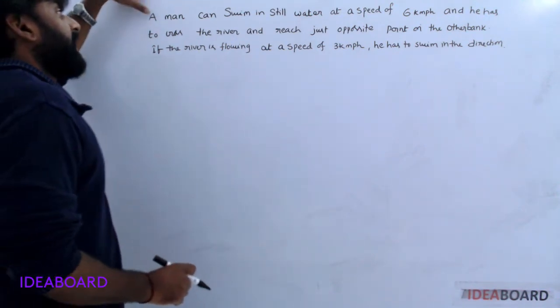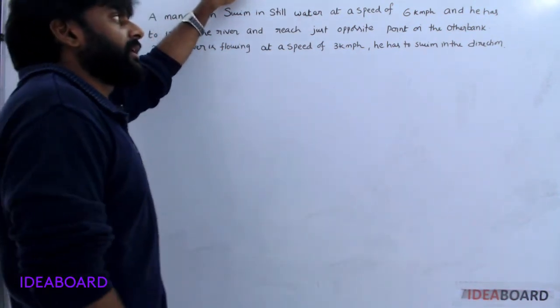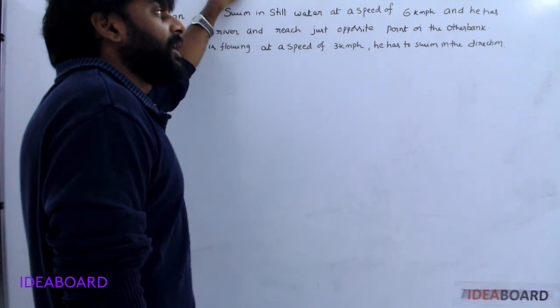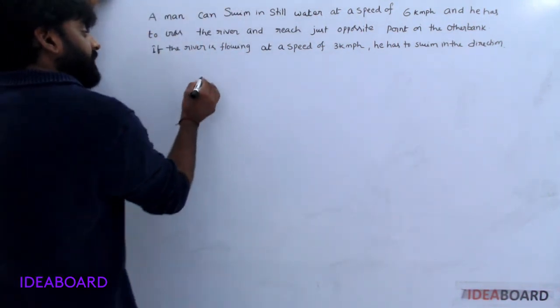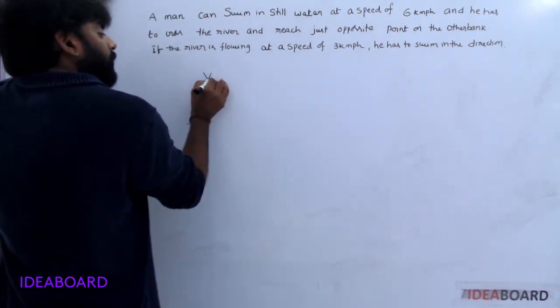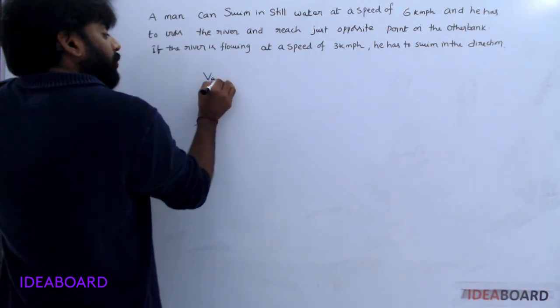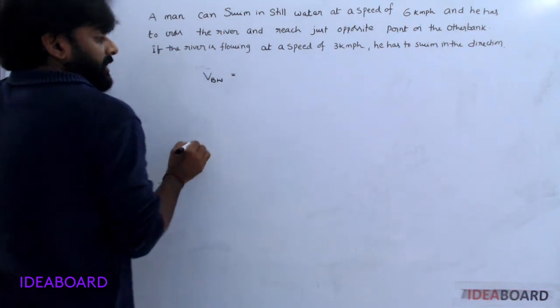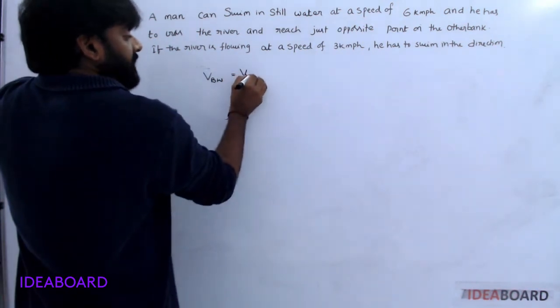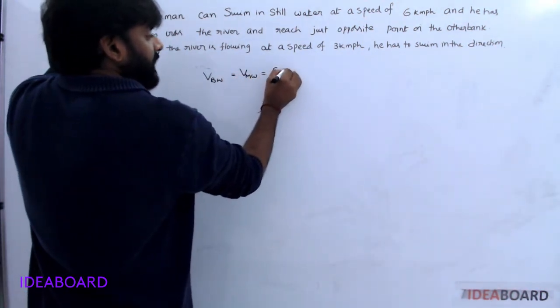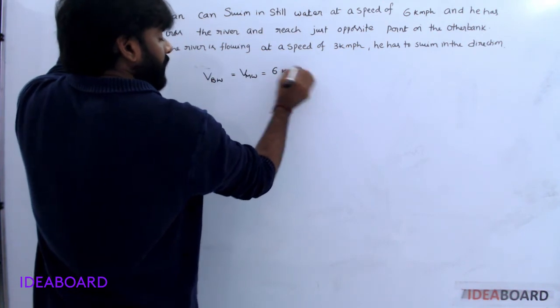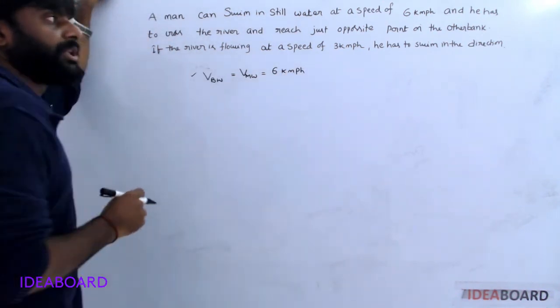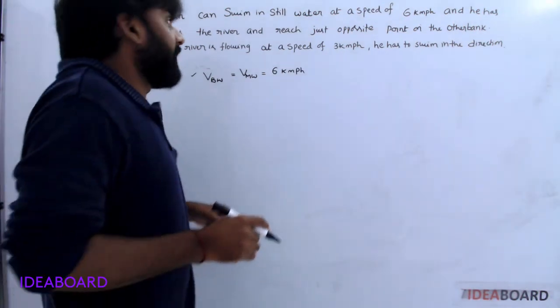See one problem. A man can swim in still water at a speed of 6 km per hour. Still water means here you consider boat with respect to water, or man velocity with respect to water. Understood? Man velocity with respect to water is given as 6 kilometer per hour. No need of conversion because both are in kilometer per hour.